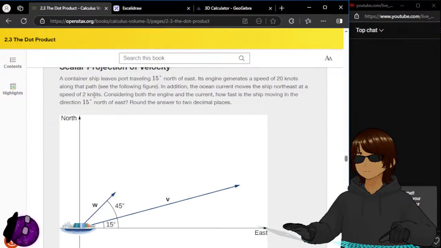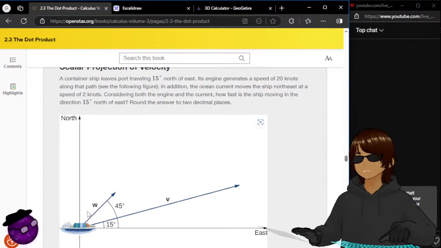And then in addition, the ocean current moves the ship northeast at a speed of 2 knots. Is that W? So V is this. Consider both the engine and the current.